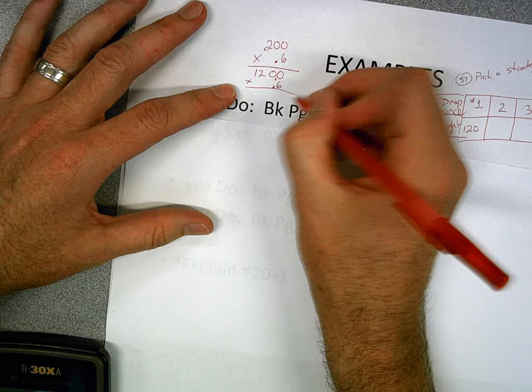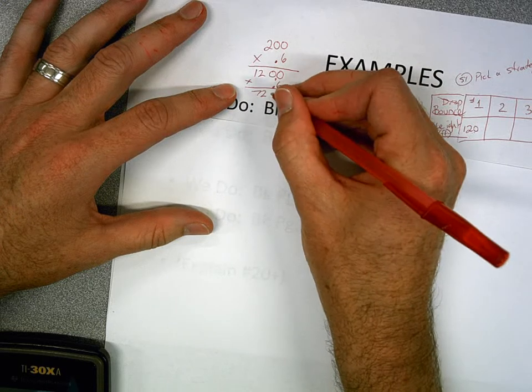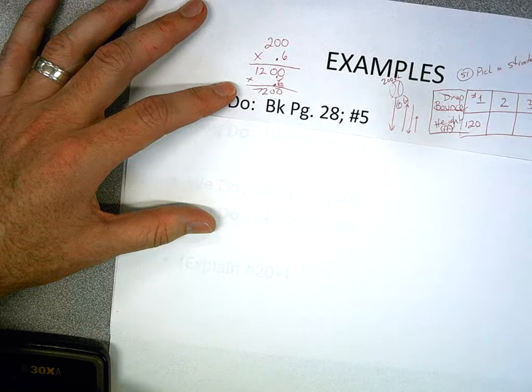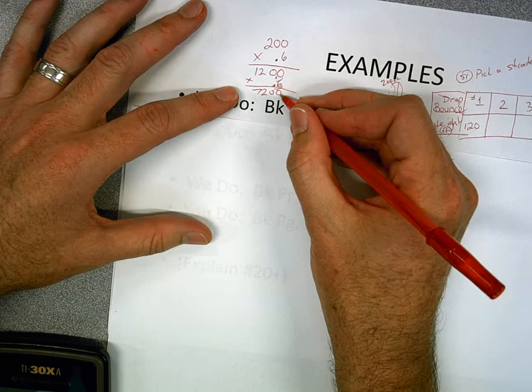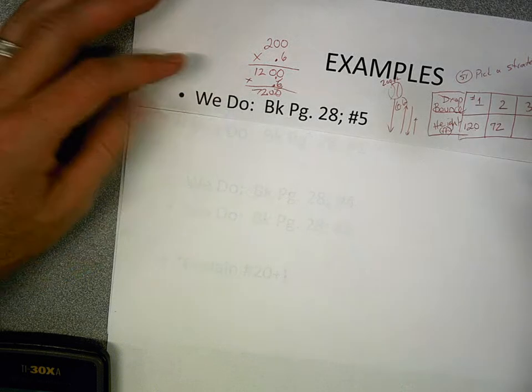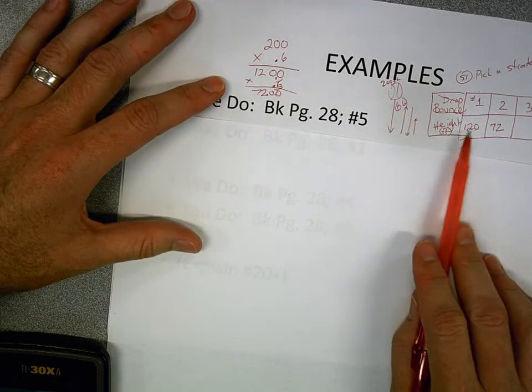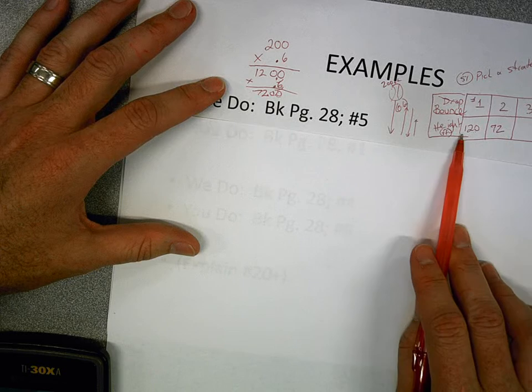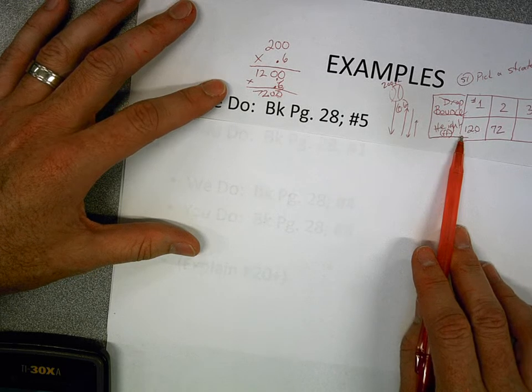So 6 times 12 is 72 with the 2 zeros. But look, I've got moving the decimal over twice now. So 1, 2, it's 72. Might be a good idea to just make sure, remember you're tracking, this one should always be a little more than half of this, because 6/10 is a little more than half of 5/10, which is a half.